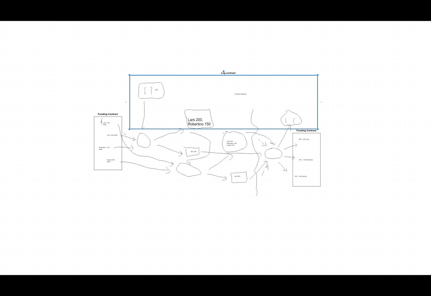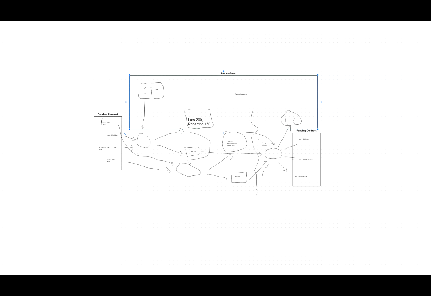Another idea would be to not have this lock contract, but instead do something like Uniswap on Ethereum, where they have these liquidity pools, right? There are 2 tokens in the pool, and those are used to make the swaps. On Ethereum they don't have UTXOs, of course. So if you have one token pair, say ADA and World Mobile, it's just one Ethereum contract, and different people can add liquidity to the same contract.